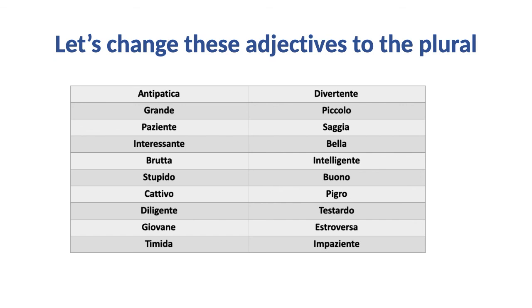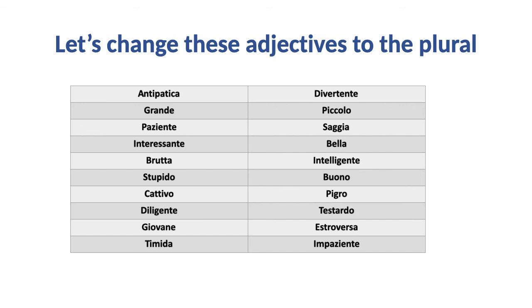Piccolo, which means little, becomes piccoli in the plural. Saggia, which is the feminine form of wise, would become sagge with an E at the end. Bella, beautiful, feminine form, right? Becomes belle, right? With an E at the end. Intelligente becomes intelligenti with an I at the end. E goes to I. Buono becomes buoni, I at the end.